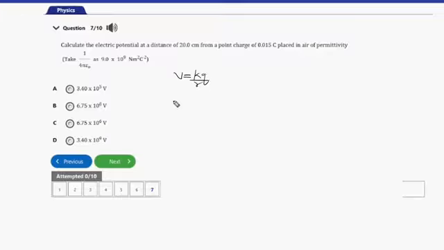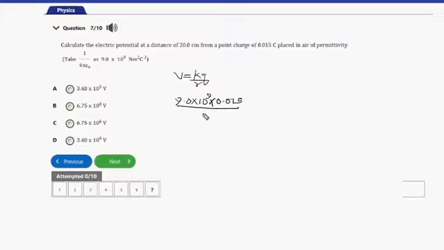So with this, we're going to have 9.0 times 10 to the power of 9, then times the charge Q, which is 0.015 coulombs.